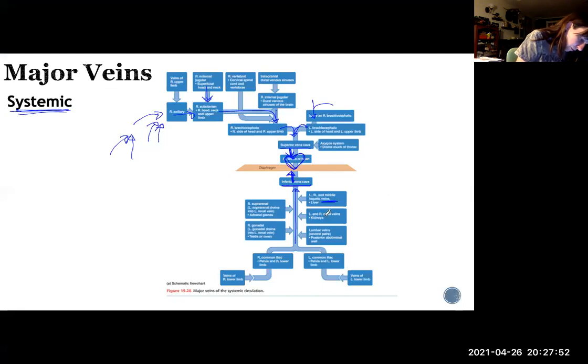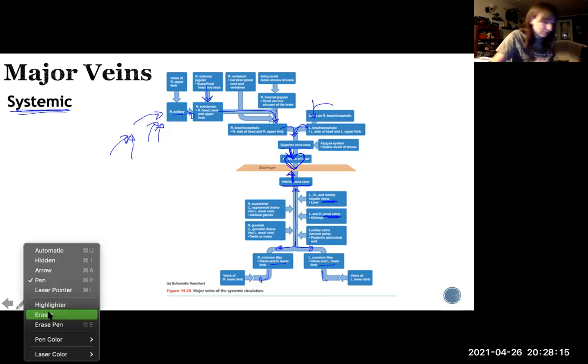We've got renal veins, we've got hepatic veins, and then we're going to skip everything else and go back down to the common iliac veins, which are in the same place as the common iliac arteries. We also have external and internal iliac veins, and we go down and become the femoral veins. I'm doing it again.